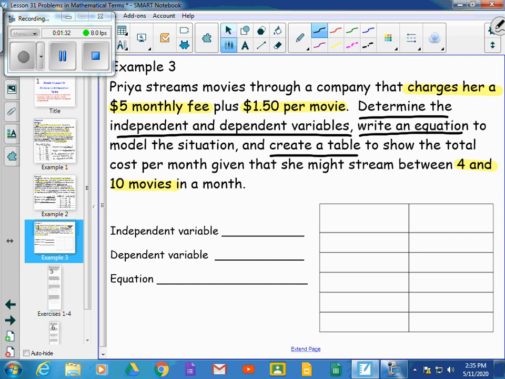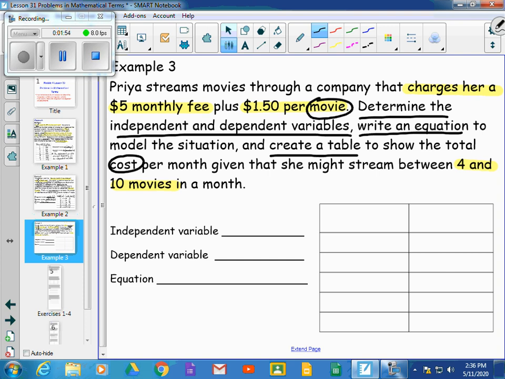So the two things that change are the number of movies that she streams and the cost. Those are our variables, movies and cost.